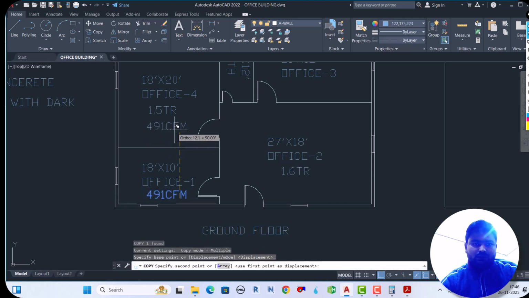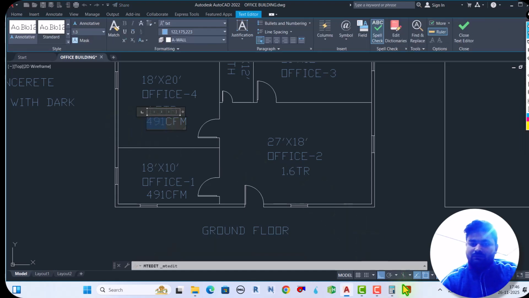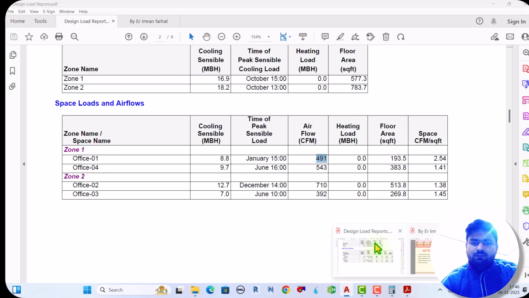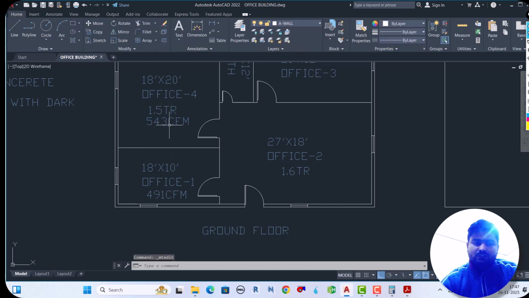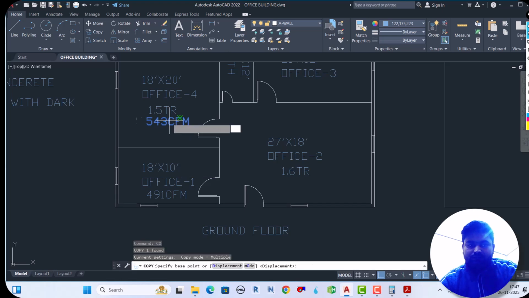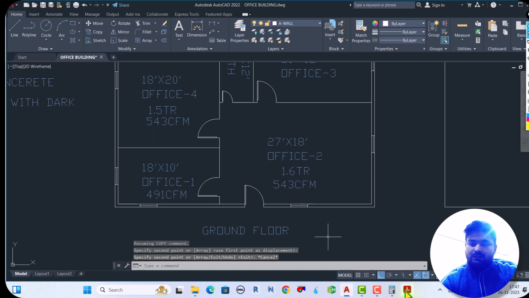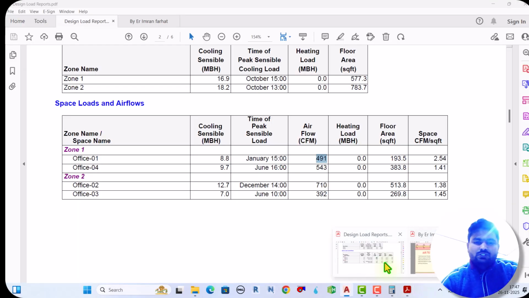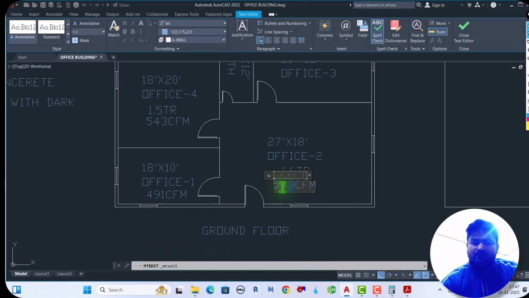The next one is 543 CFM. Also let me mention here the zone 2, office 2 is 710.